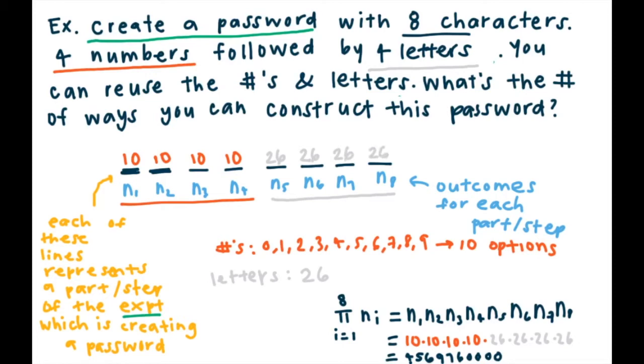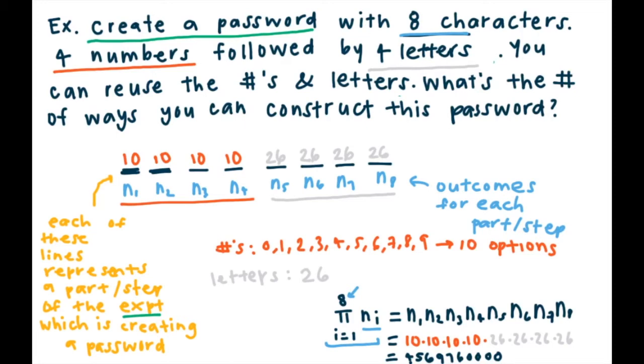So using the theorem that we learned on the previous page, I'm going to take the product of all of our outcomes n_i. And so what I'm going to do is take the product of n_i from i equals 1 to 8. So how do I know that I go to 8? I know that I go to 8 because our password requires 8 characters. Okay, so when I expand this right here, I'm going to get n1 times n2 times n3 times n4 times n5 times n6 times n7 times n8.